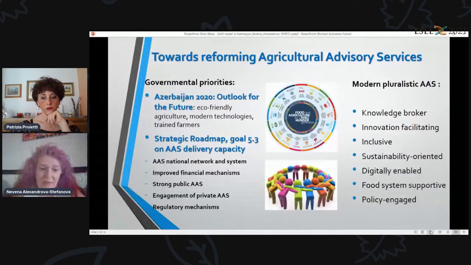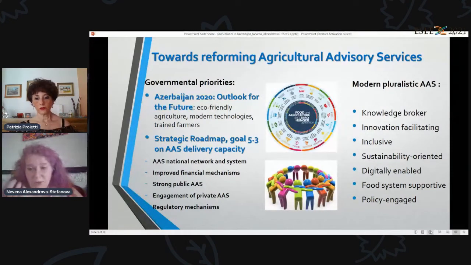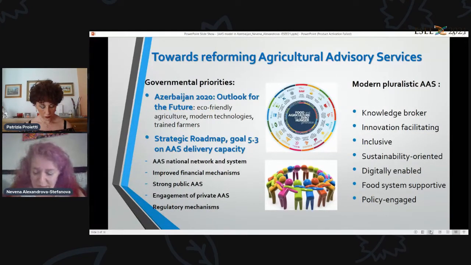They would like to improve the financial mechanisms and also overall capacities in order to have modern public agriculture advisory services, understood as knowledge broker, innovation facilitator, inclusive, sustainability oriented, digitally enabled, food system supportive, and also engaged in policy making.